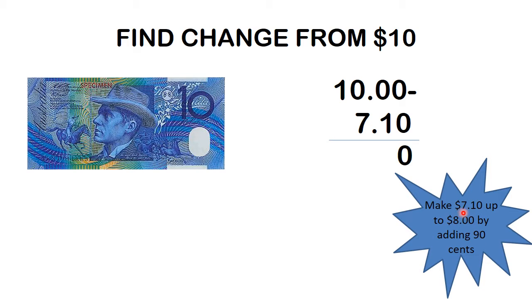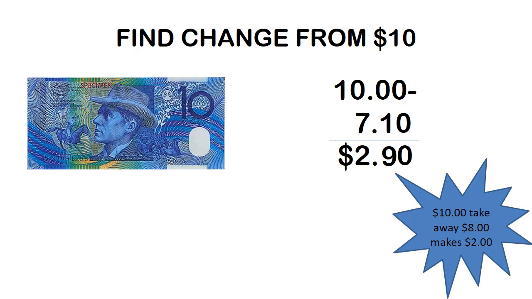So I say to myself, what extra amount do I need to make this up to the next whole number? The whole dollar. And I need 90 cents. So that's what's going to go in there is the 90 cents. Now, if it's up at $8 now, then all I have to do is a quick subtraction, 10 take away 8, and that will give me $2.90.